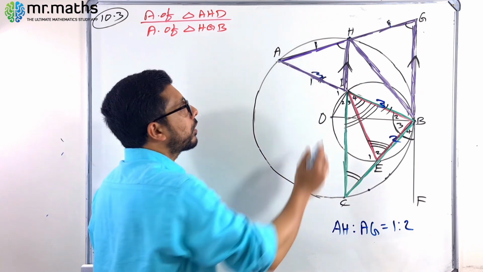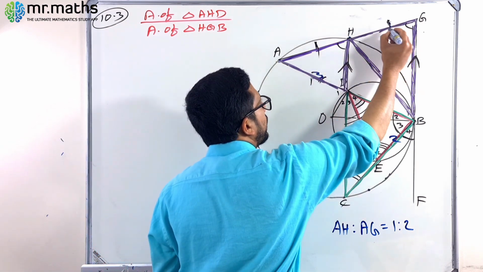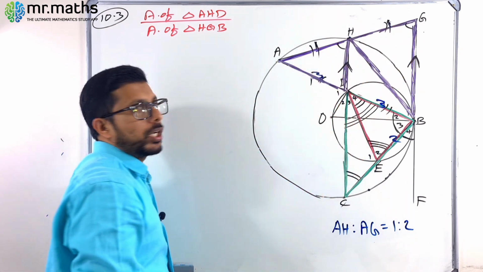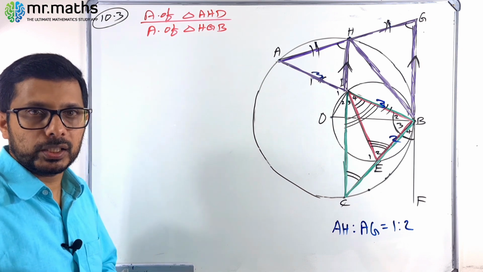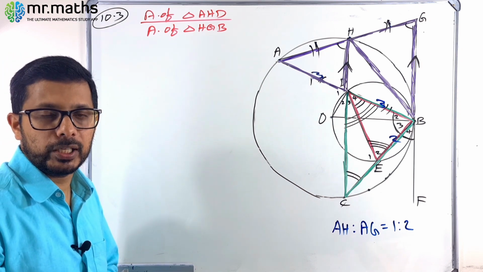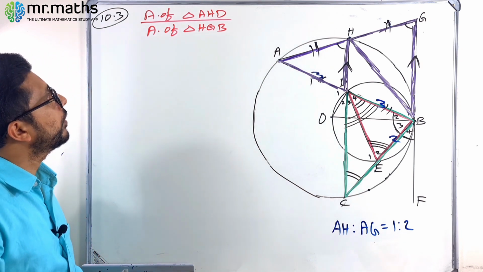The length of AH and HG are the same length. Anyway, we have to find this one.